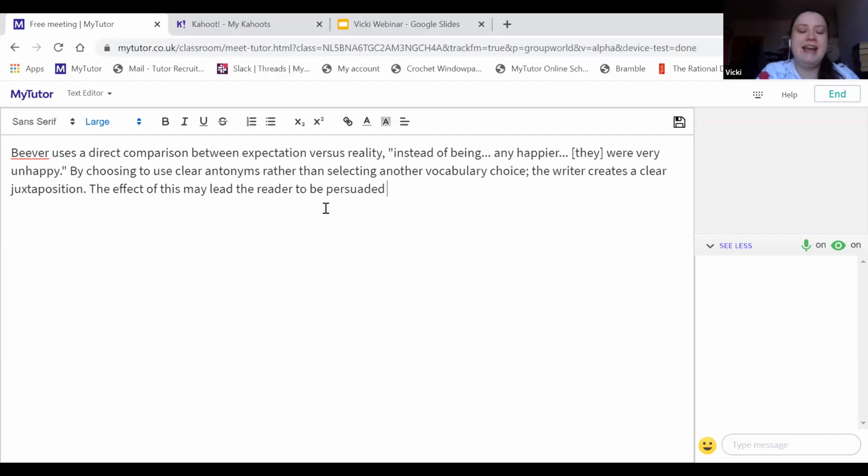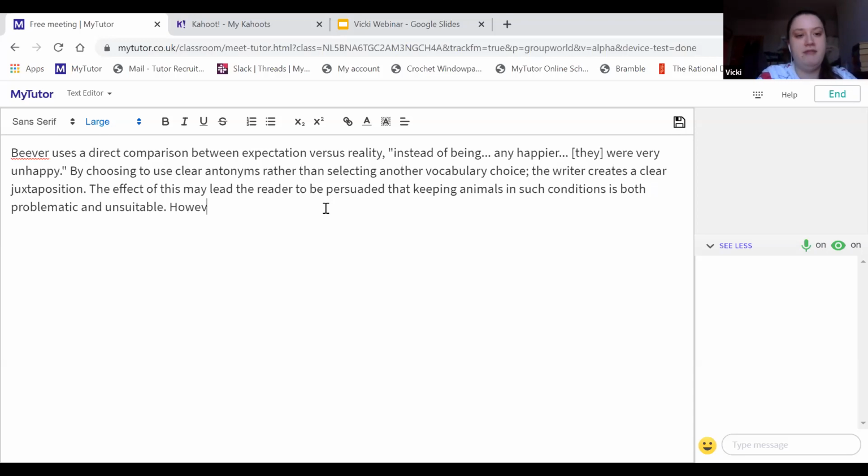So, yeah, interesting. I think she might inadvertently persuade people that keeping them in these conditions is not good. So the effect of this may lead the reader to be persuaded that keeping animals in such conditions is both problematic and unsuitable. So that's just my general point there.